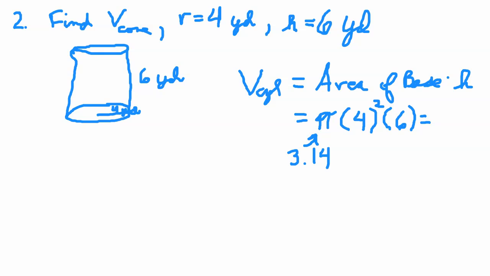Taking 3.14 times 4 squared, which is 16, times 6, we have 301.44, and that would be cubic yards. To do cubic yards, it's yards to the third power, like so.